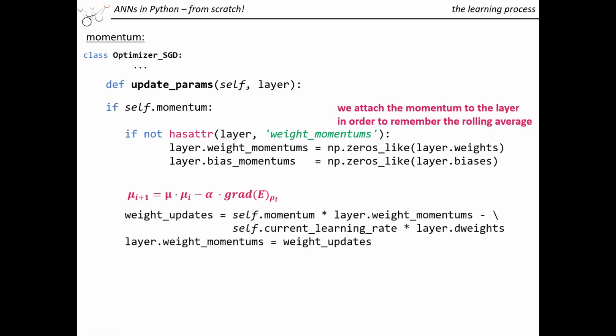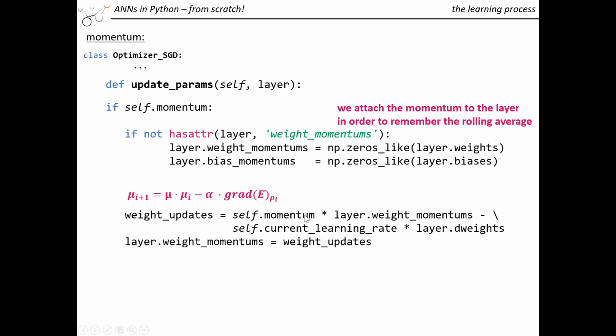So then we just apply our equation here. So we just take the self momentum, multiply this with the weight momentums, whatever it is, and then add the normal gradient descent part. And that gives me a new variable we will call weight updates. And these new updates will be the new weight momentums because in the next step, we will multiply this again with the momentum.